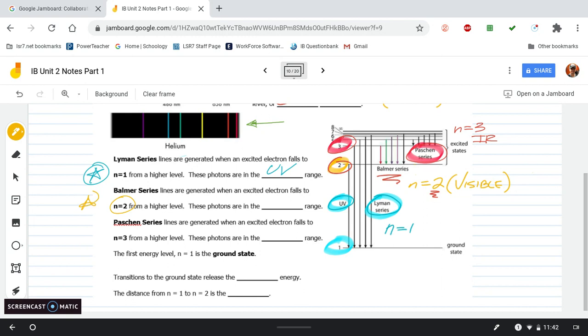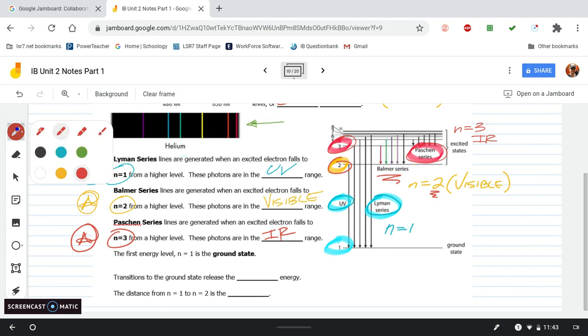If you land in 2, that's going to be the visible range. And then the Paschen series, you got to know that one as well, and that's going to be the infrared, so the IR. It really just depends on which one it lands in as to what it is.